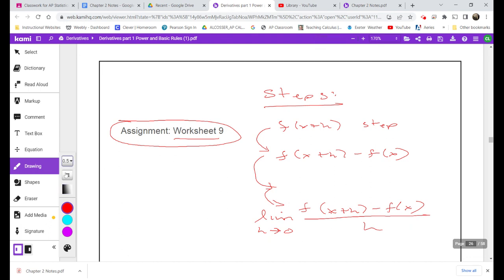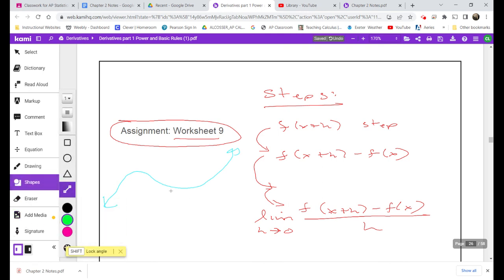And I'm just going to drive home the fact one more time that it doesn't matter the curve. It could be something like that. Number one, it has to be continuous. Number two, what are we finding? We are finding the slope of this green line based on this triangle right here.